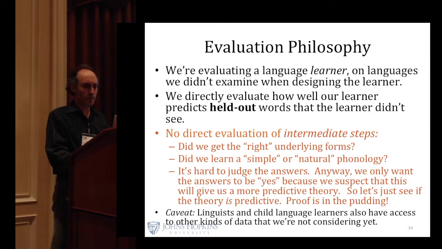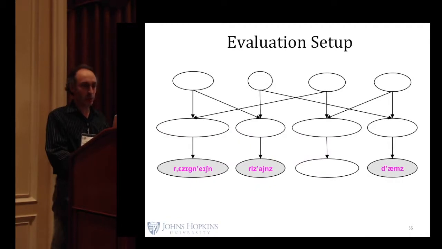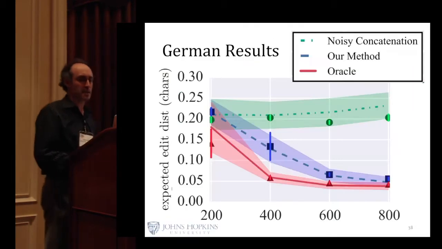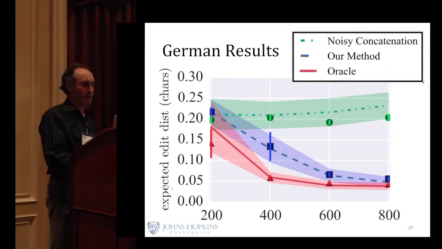Good. So again, we're guessing, did we get this pronunciation right? So here's one of our graphs. This is fairly typical. If we see only 200 forms, so green is the noisy concatenation, that's still doing pretty well. It's only 1/5 of a character wrong on average. But it doesn't get any better as it sees more forms.